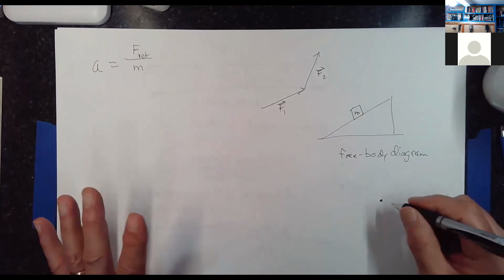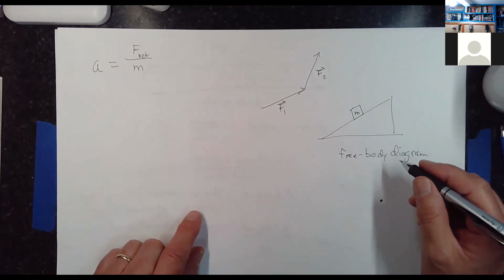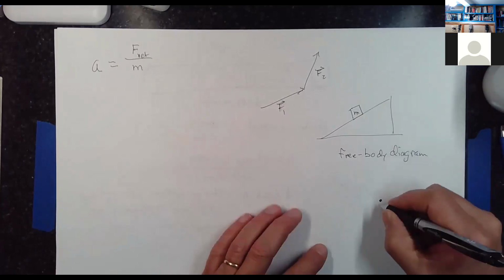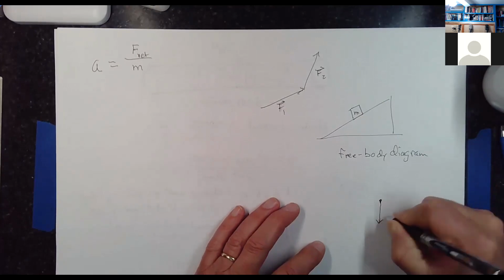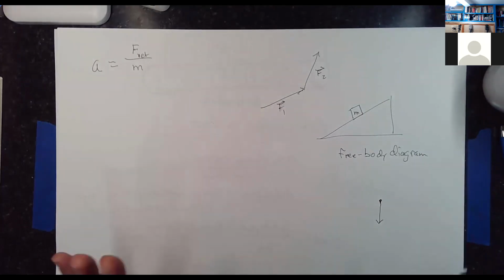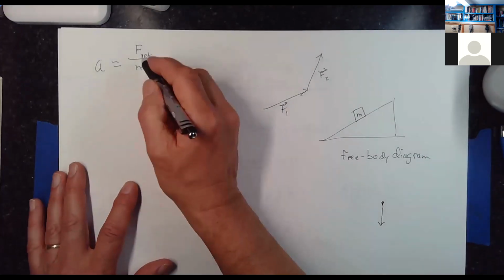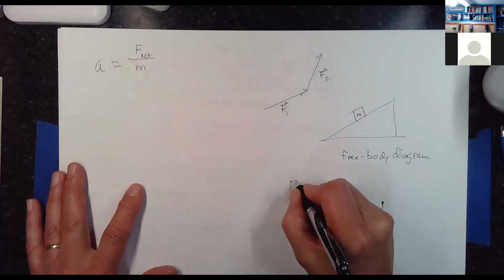And then starting on that dot, you draw forces that are acting on the object. And almost always the first force you draw, or the easiest one to draw, is one that represents the weight of the object.